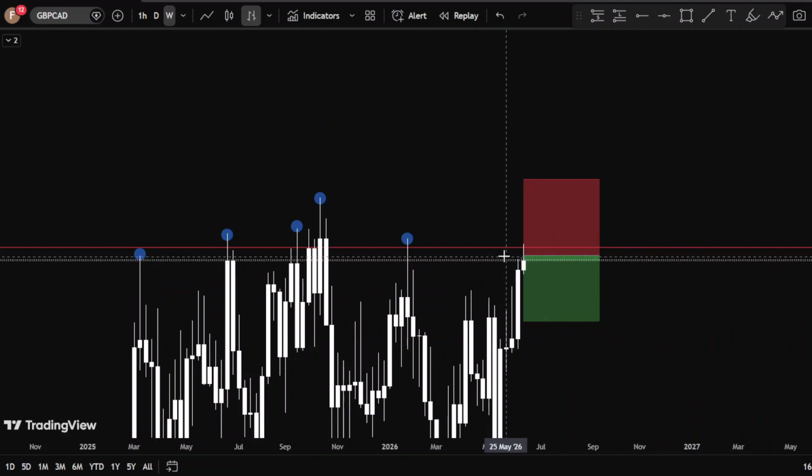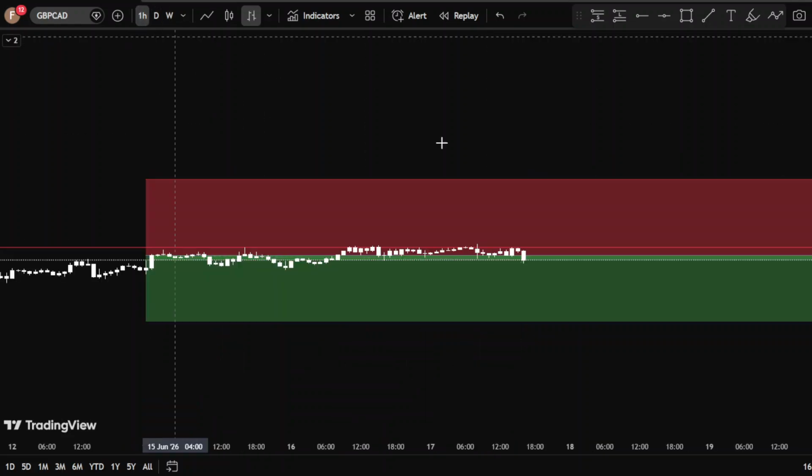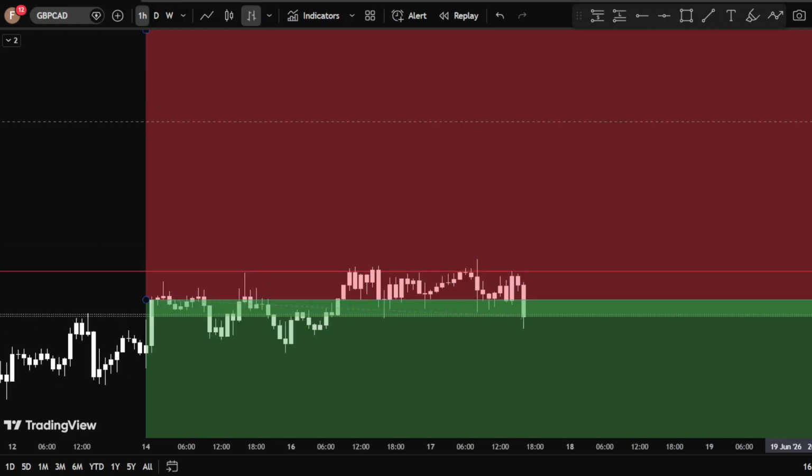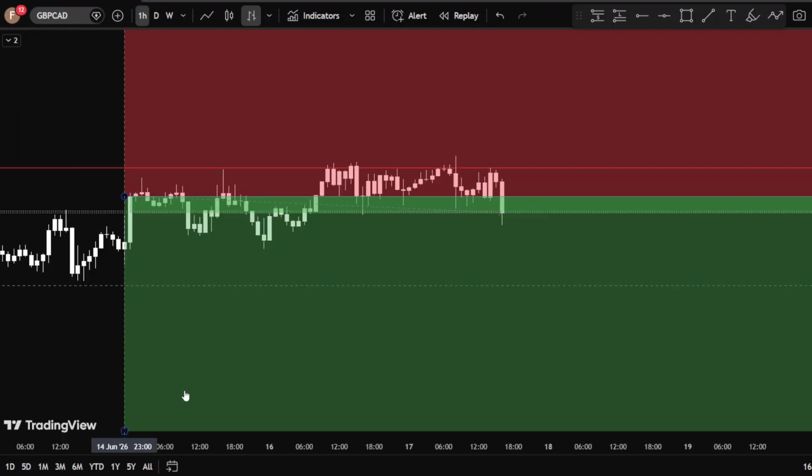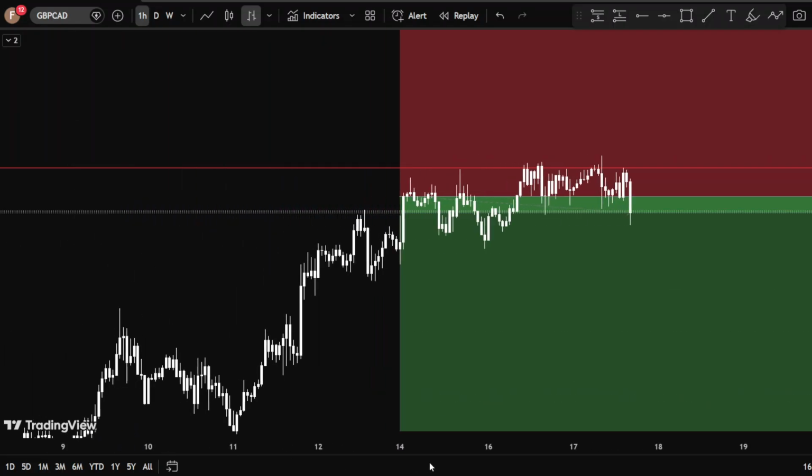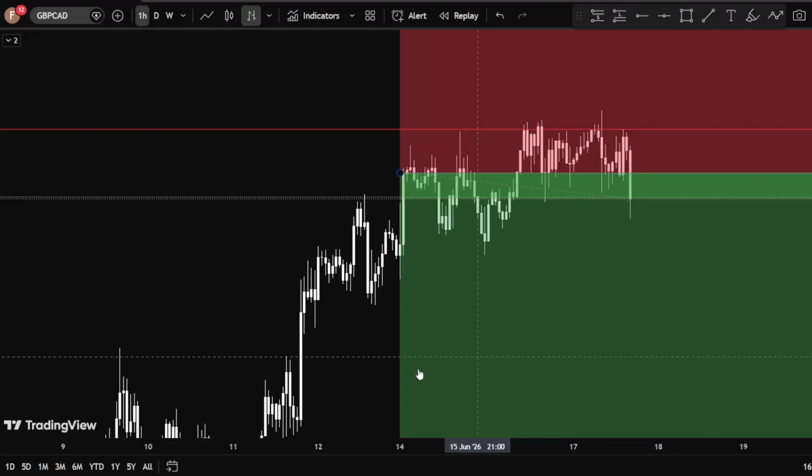You can see where I took my position. It did create some wick. Or what you can also do is, once it hits your alert, go to the 1 hour chart and see if there's some kind of rejection or slowdown.